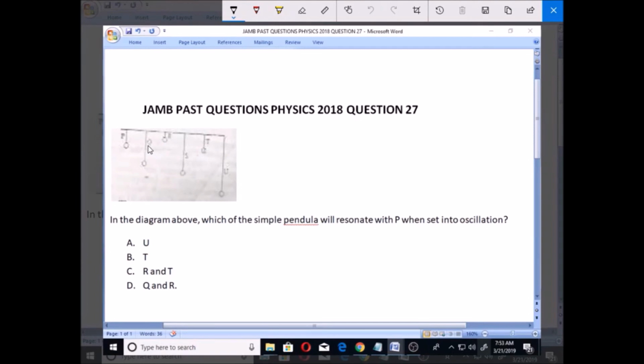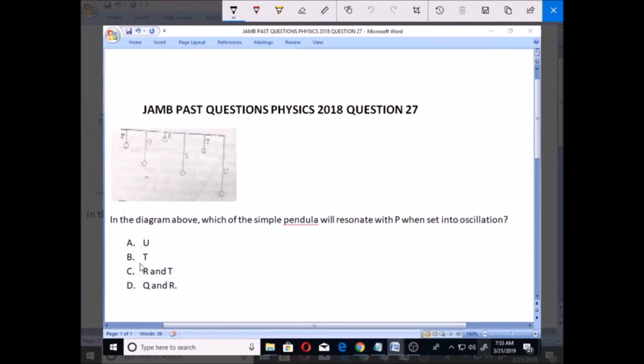You can see Q, R, S, and U. You can see that P and T have the same length, so it's likely that T is the answer to the problem, and that makes option B the right answer.